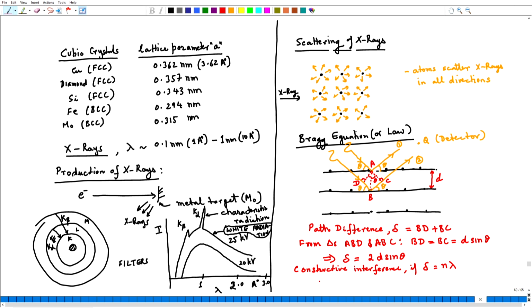Therefore, to get diffraction in the direction at point Q, we can then write, replacing the path difference delta by n lambda, in this equation, we can write n lambda equals 2d sin theta.